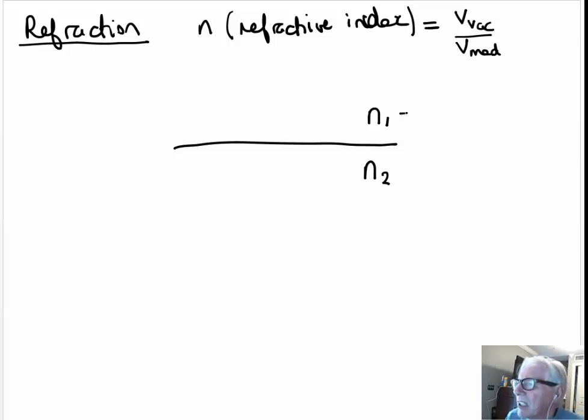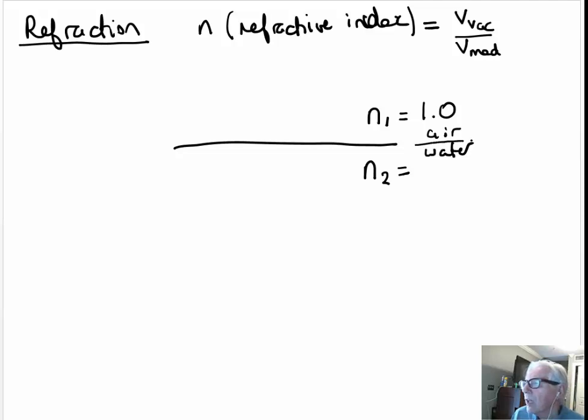I tend to think of the top as being like a fish tank, so it would be air, which is so close to the vacuum value that we just call it 1.0000, and then there are some other numbers in there, but the speed of light in air is pretty much the same as in vacuum. Let's say this is air, and then let's say this is water.